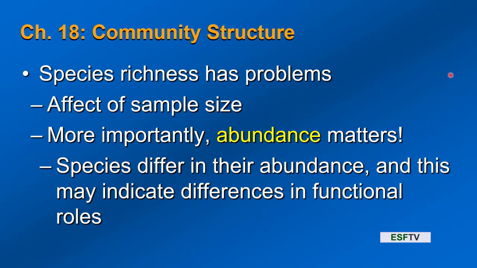So richness has its problems. I hinted at the idea of the problem with sample size. If you go to the cemetery for a couple hours once a week for 3 weeks, you'll get a list of species. But if you went for 6 weeks or a year every week, obviously you're going to get additional information. You're going to see types that are rare that you just don't get to see just on a random set of 3 weeks.